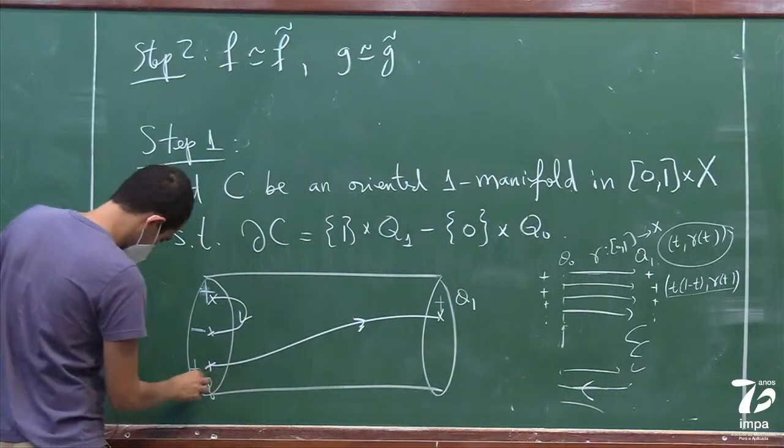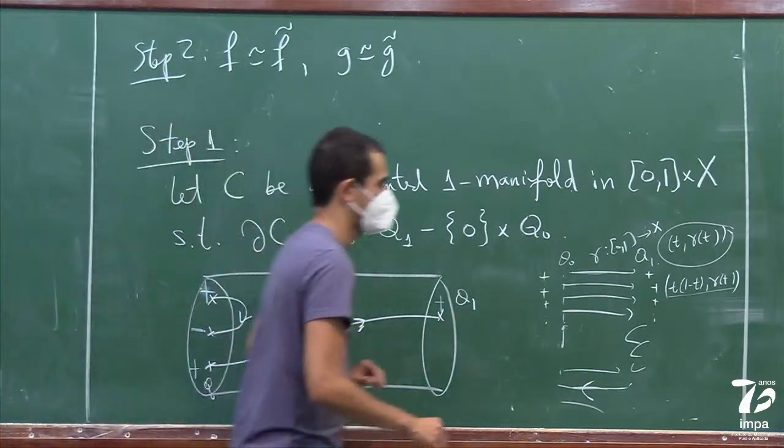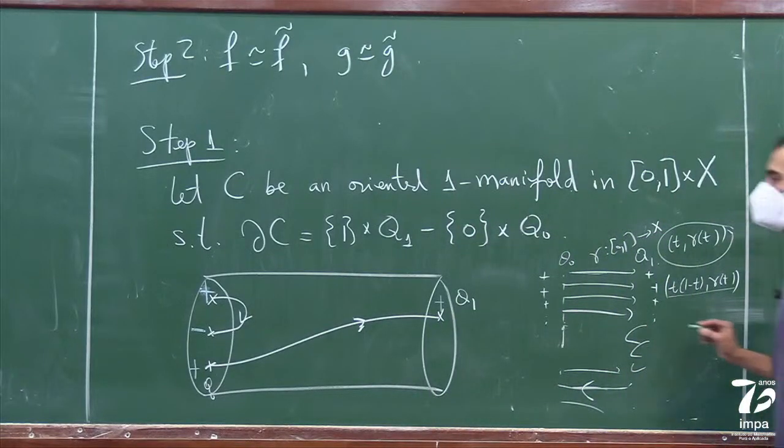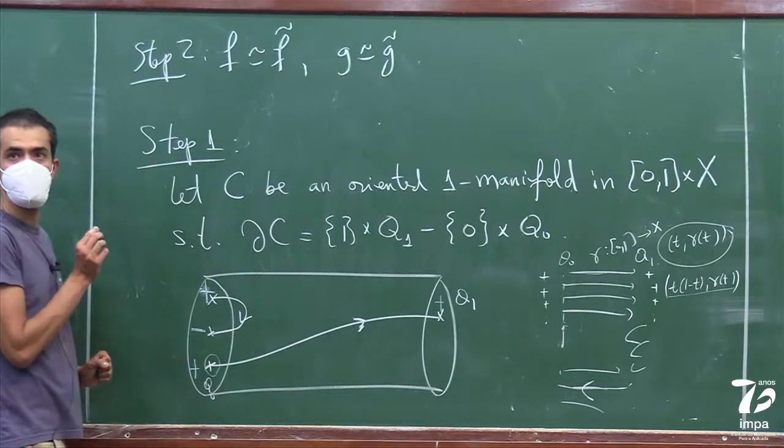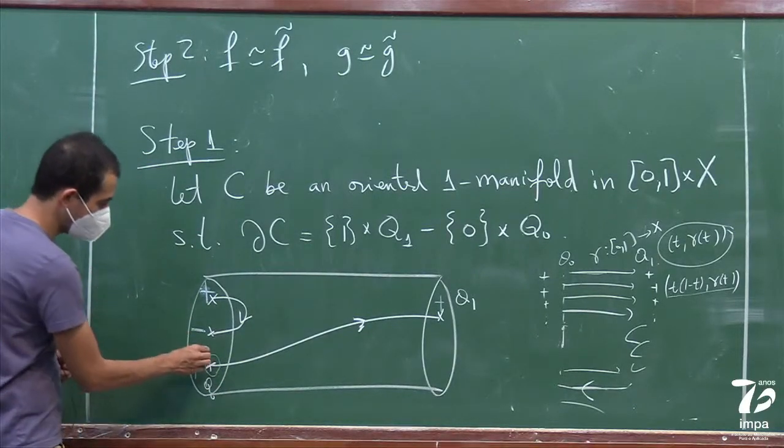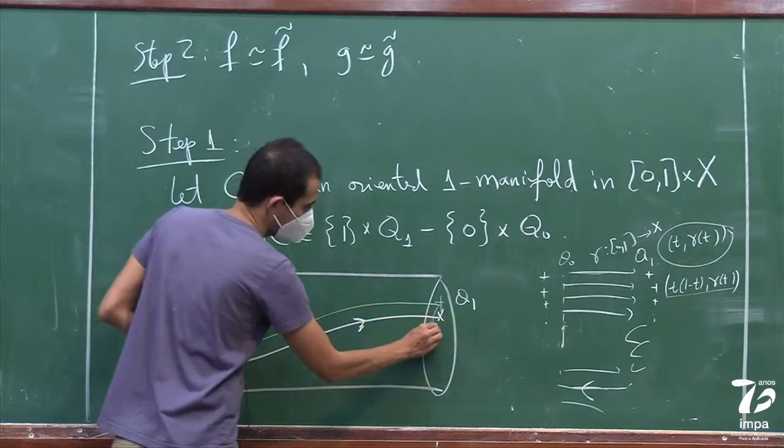What we want to do is thicken this curve, and I think of R^n as a really small neighborhood here. A little small neighborhood is diffeomorphic to R^n.